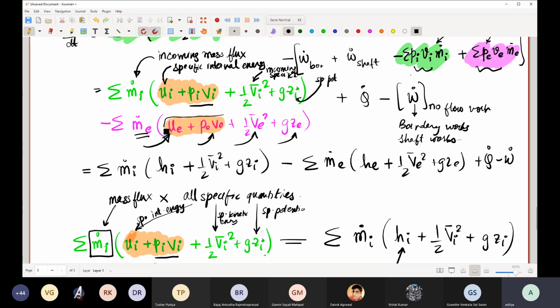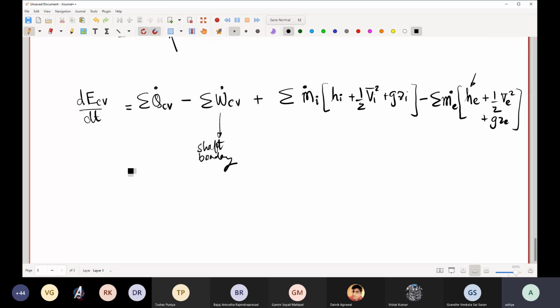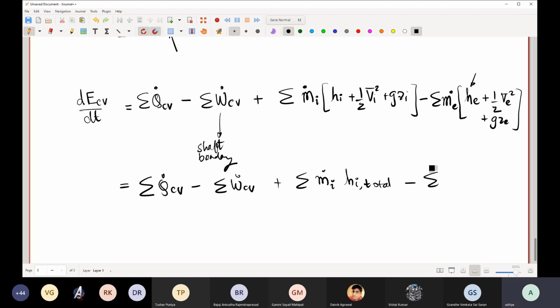So when you combine these two, you get the specific enthalpy at the exit, which is what we have written over here. And in more concise form, we can write this as Q dot CV minus W dot CV plus summation m_i dot h_i total minus summation m_e dot h_e total.